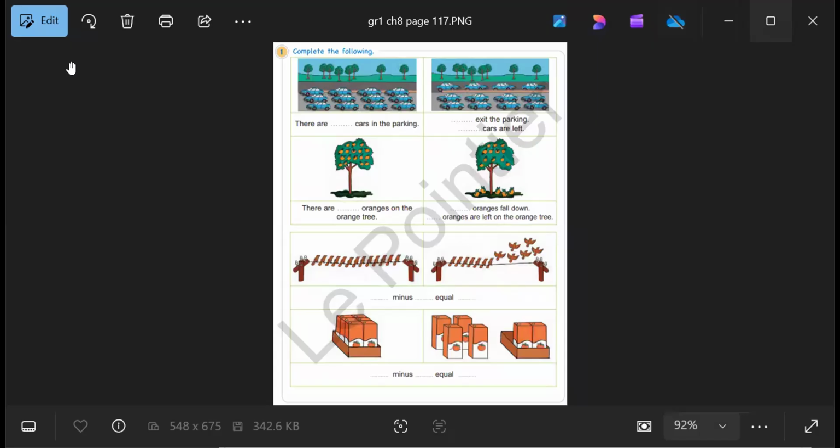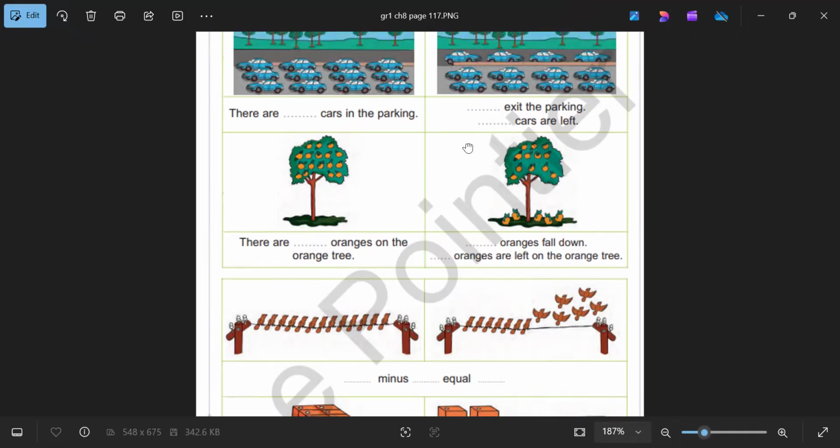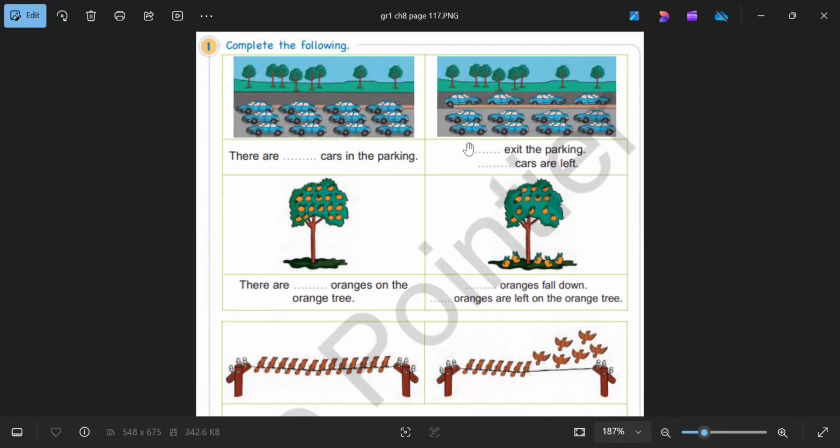Okay, so this is page 117. Let's take a look on the first question. Complete the following. Here we have to fill in the blanks, but how?